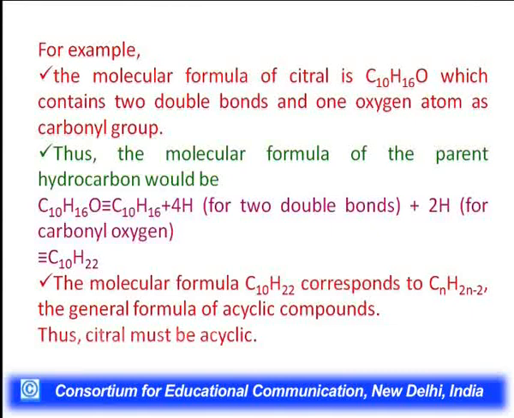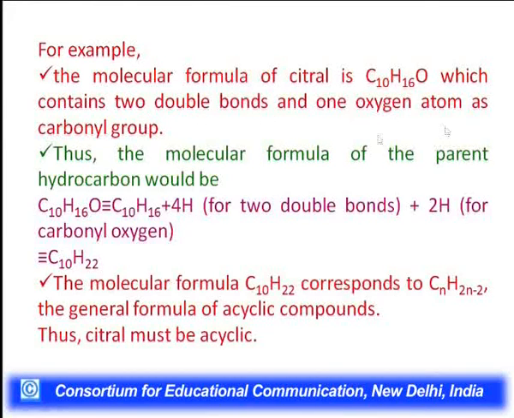The molecular formula of citral is C10H16O, which contains 2 double bonds and 1 oxygen atom as a carbonyl group. Thus the molecular formula of the parent hydrocarbon would be as follows. C10H16O is equivalent to C10H16 plus the 4 hydrogens, which are because of the 2 double bonds present.